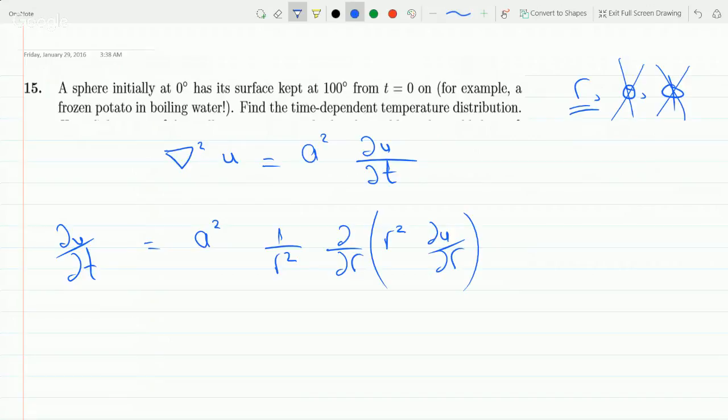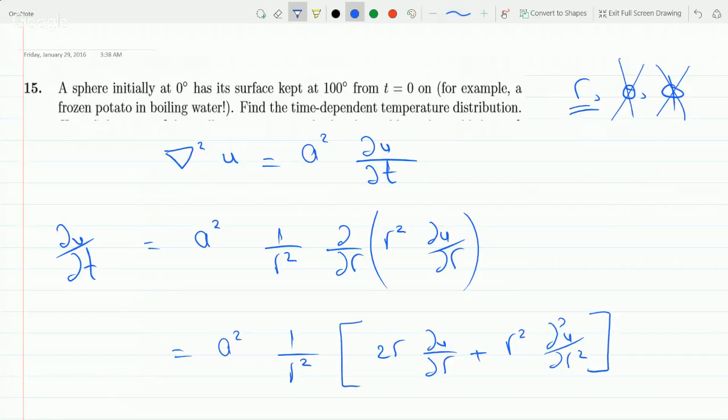And if we apply the product rule here, we get a squared times 1 over r squared times 2r du over dr plus r squared d squared u over dr squared.